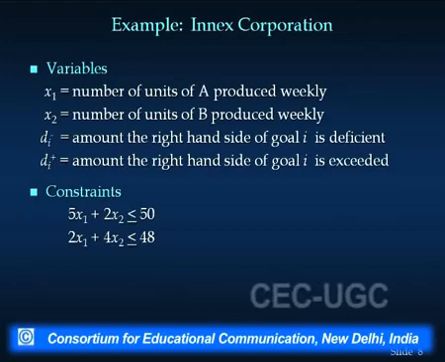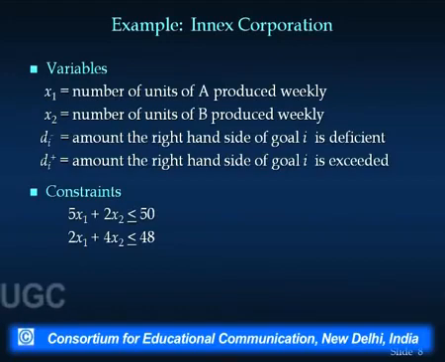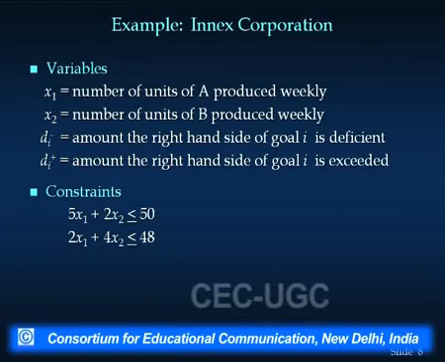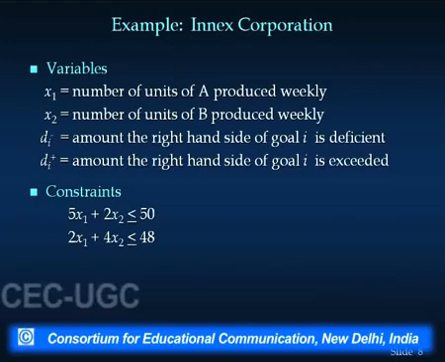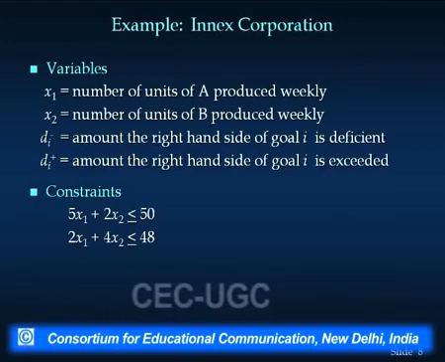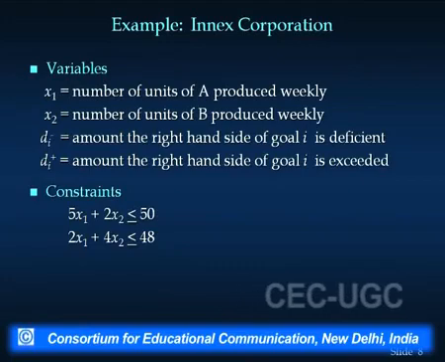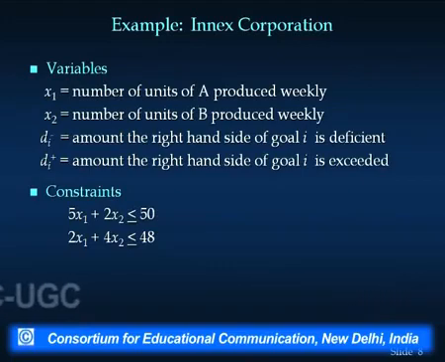Di minus is the amount the right hand side of the goal i is deficient. This is deficient production, and Di plus is the amount the right hand side of the goal is exceeded. One is deficient, the other is exceeded. Minus is deficient and plus is exceeded. We will see how to take care of these deviation variables.